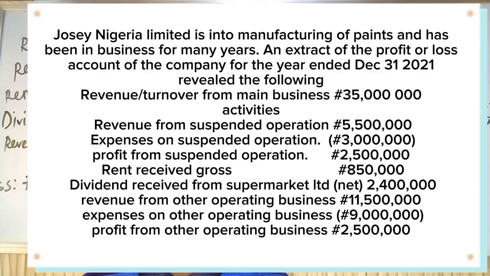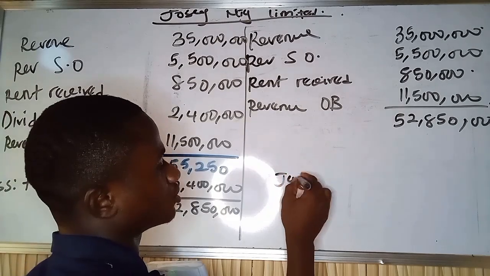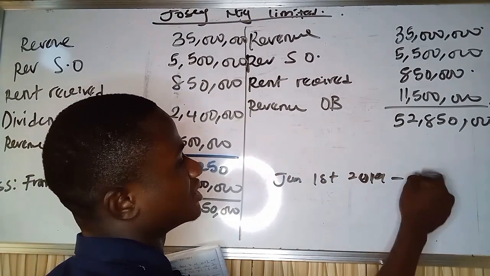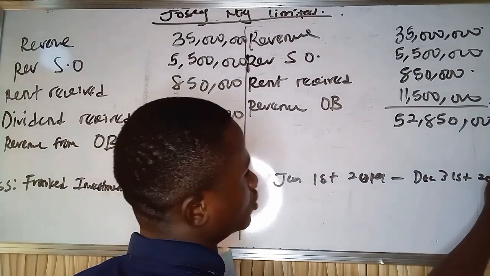They said JC Nigeria Limited is into manufacturing of paints and has been in business for many years. An extract of the profit or loss account of the company for the year ended December 31st, 2021. And the date I said earlier was January 1st, 2019 to December 31st, 2021.